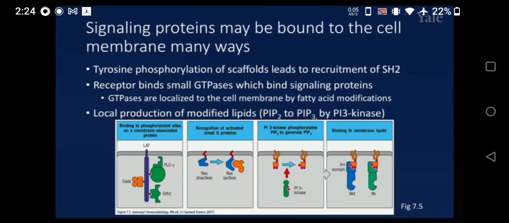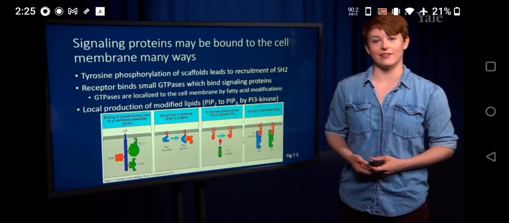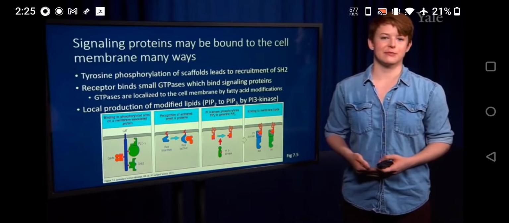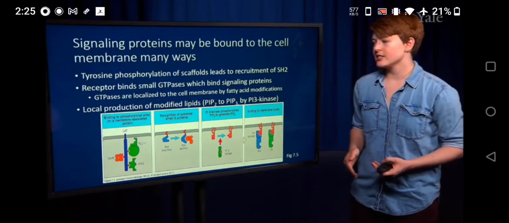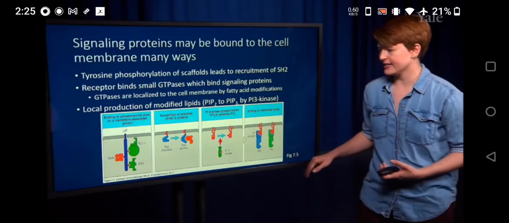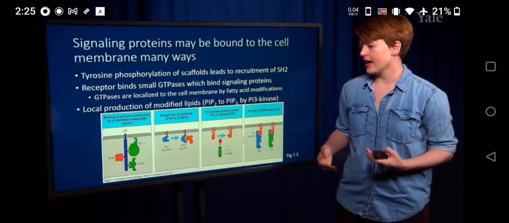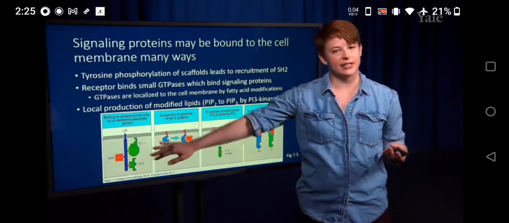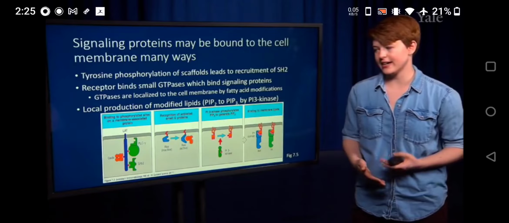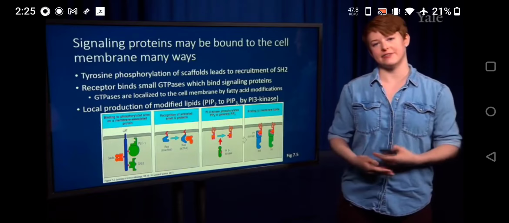And finally, we'll talk about this in more detail, but modified lipids in the membrane can also affect which proteins are bound. You can see this represented here in this figure. So binding to phosphorylated sites on the membrane-associated protein brings these different important signaling modules together.